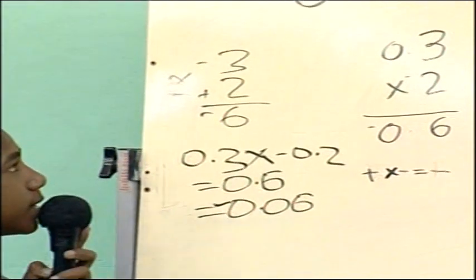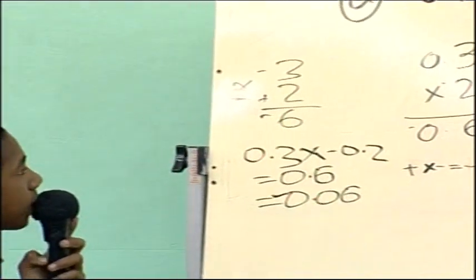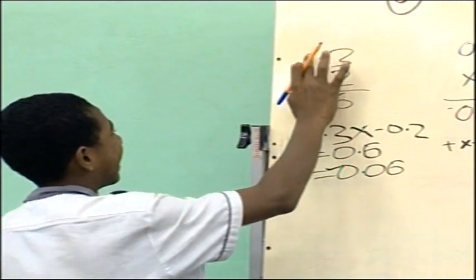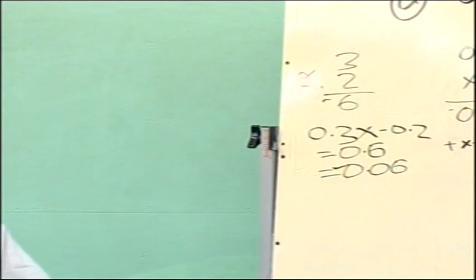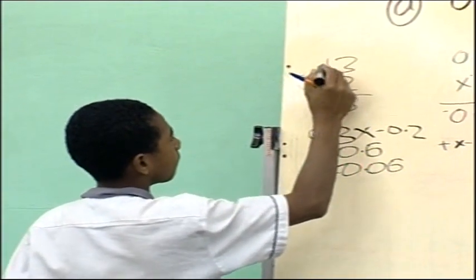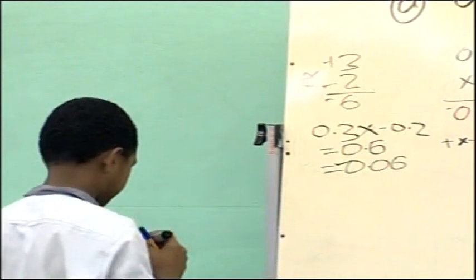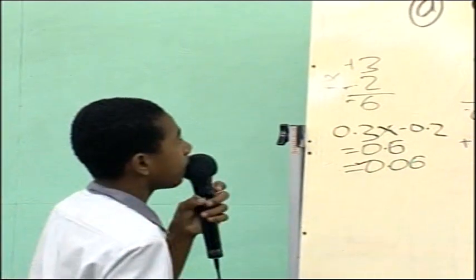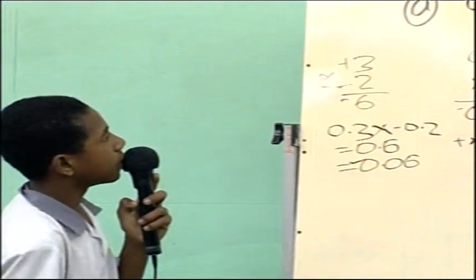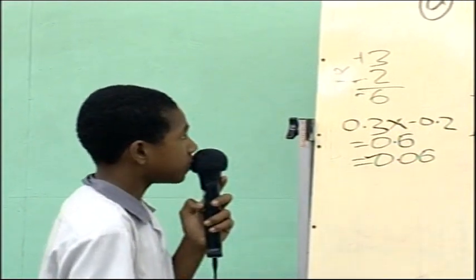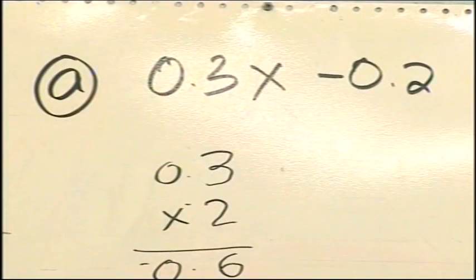Okay, our number sentence says positive 0.3 times negative 0.2.